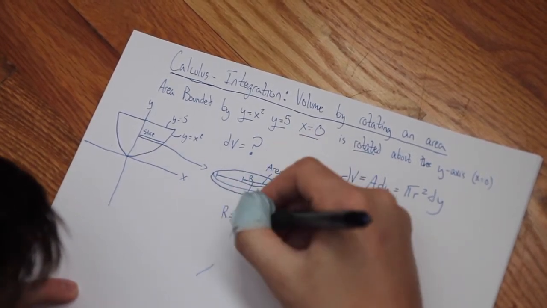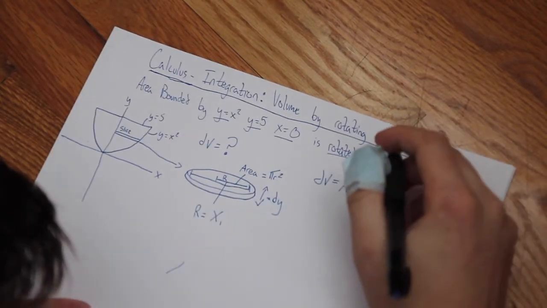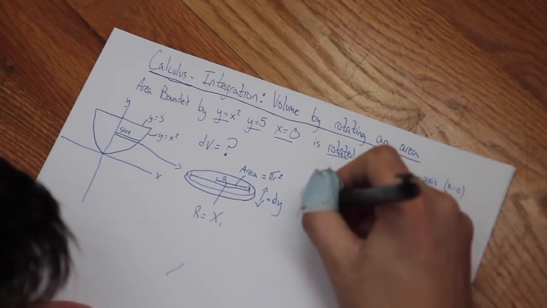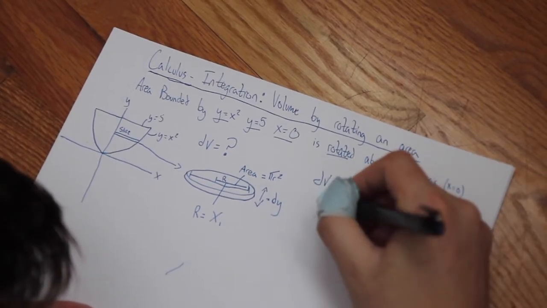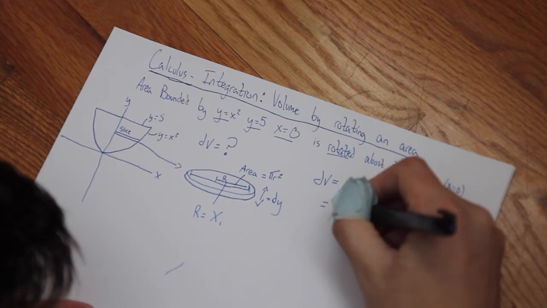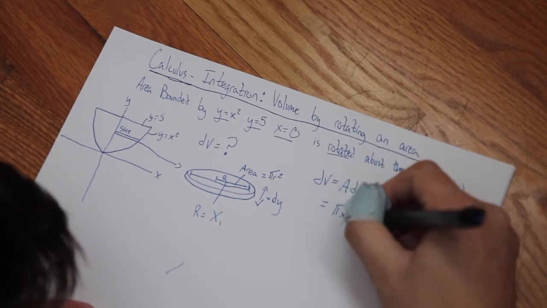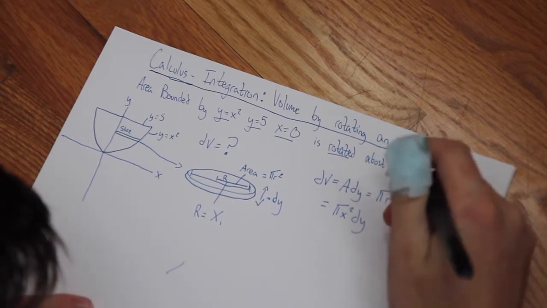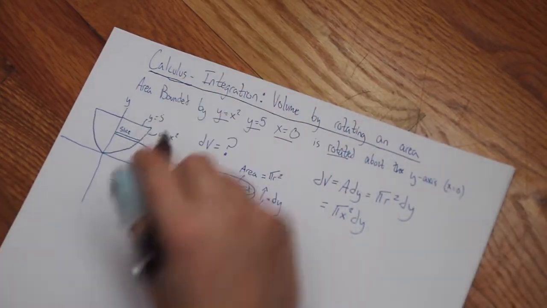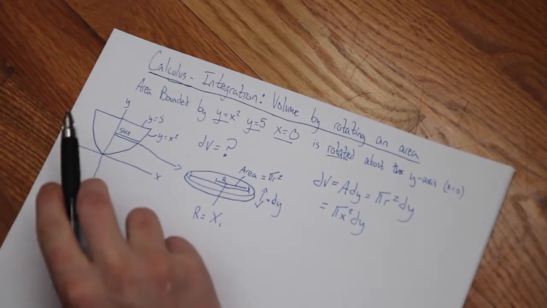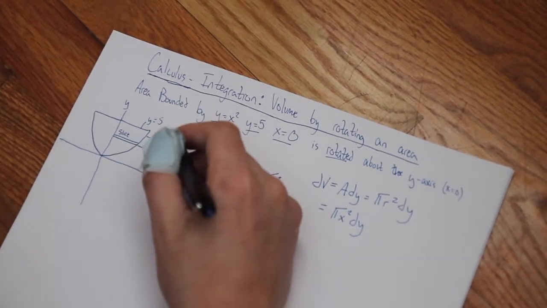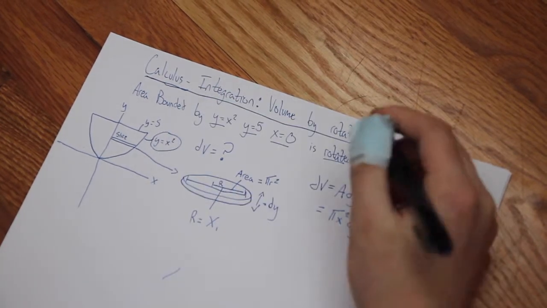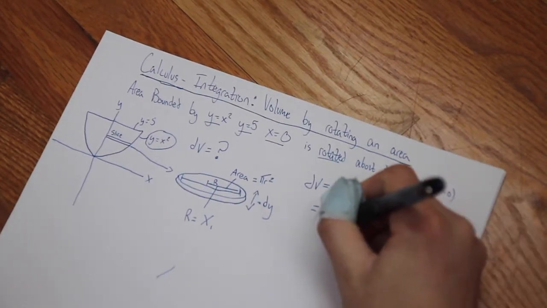In other words, pi r squared times dy. And there you see r equals x. And since we're only using one x, we don't want to get it confused with any others. We're just going to make that x1. Pi r squared, or pi x squared, because r is always going to correlate to x, dy.